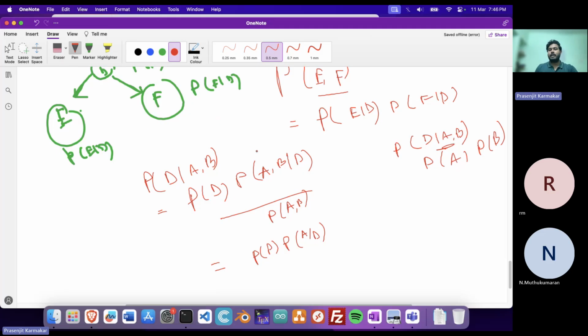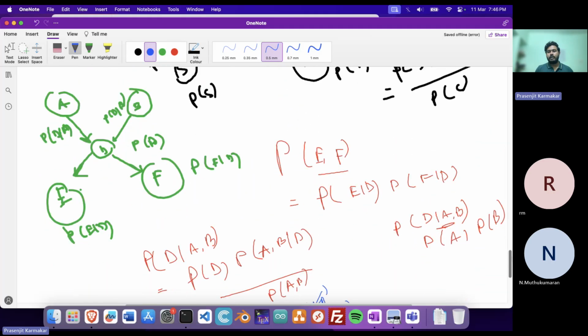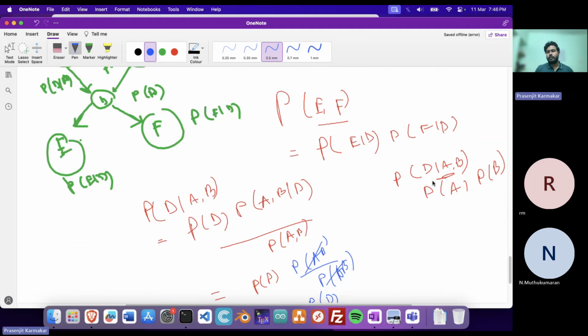AB doesn't depend on D. So it becomes probability of AB divided by probability of AB. They will cancel. So probability of D we can compute from the data. So this entire thing from the graph becomes probability of D.